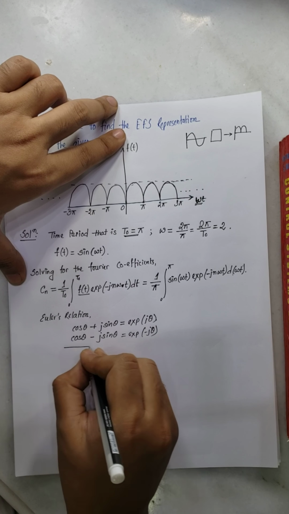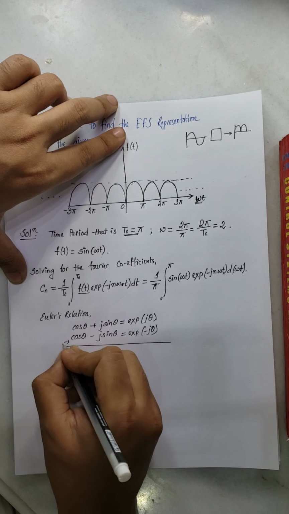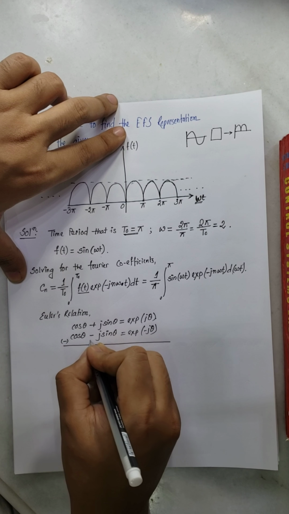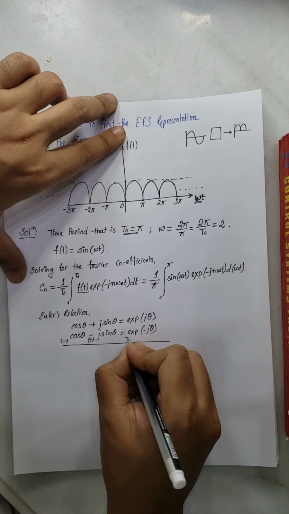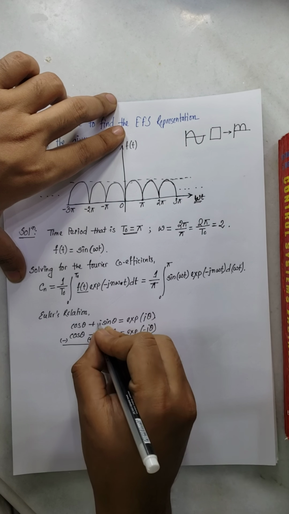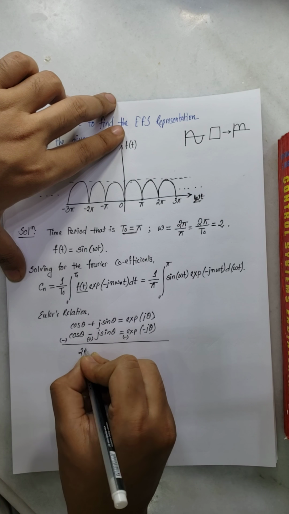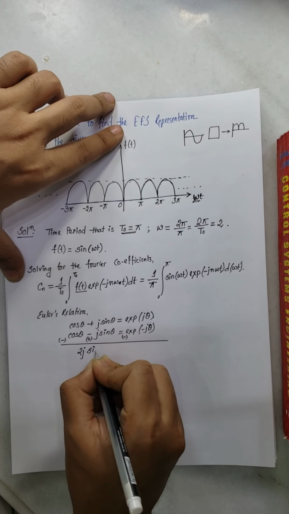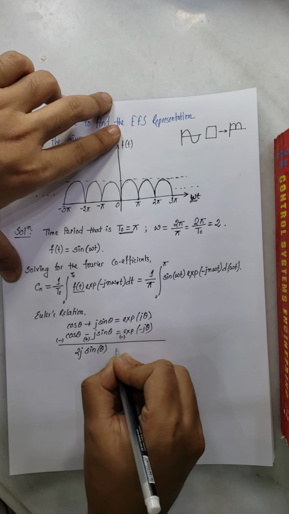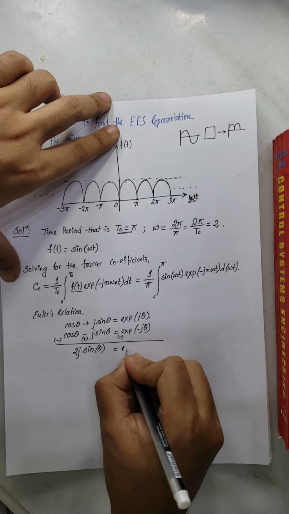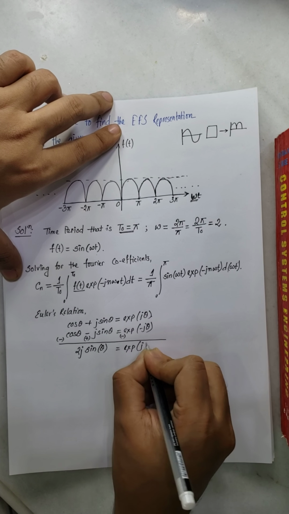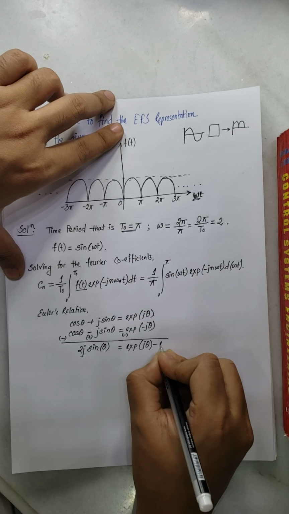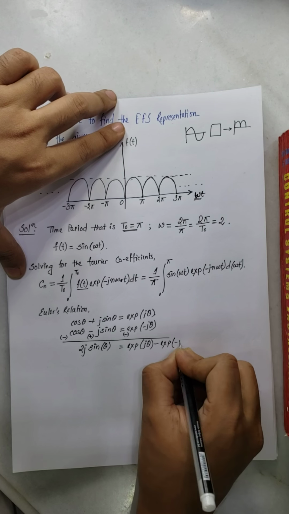Now, if we subtract both the equations, it becomes 2j sine of theta equals e to the power j theta minus e to the power minus j theta.